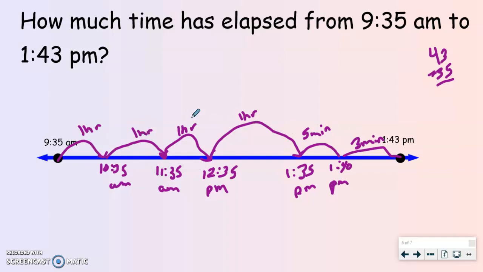I have 1, 2, 3, 4 hours. And then I have 5 plus 3, that is 8 minutes. So 4 hours and 8 minutes passed from 9:35 a.m. to 1:43 p.m. using our number line.